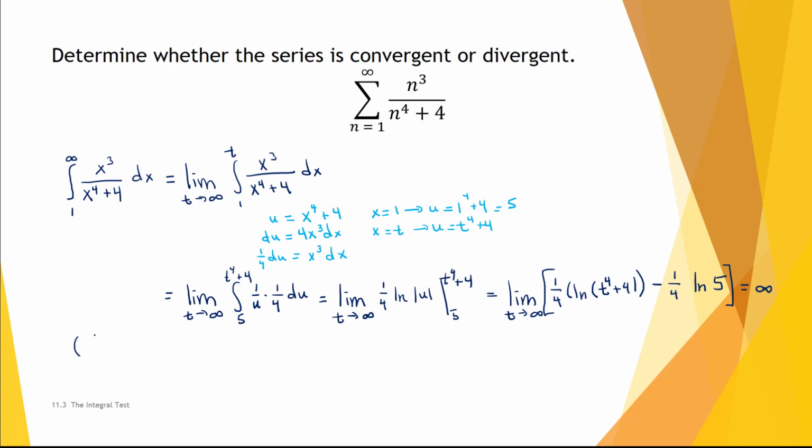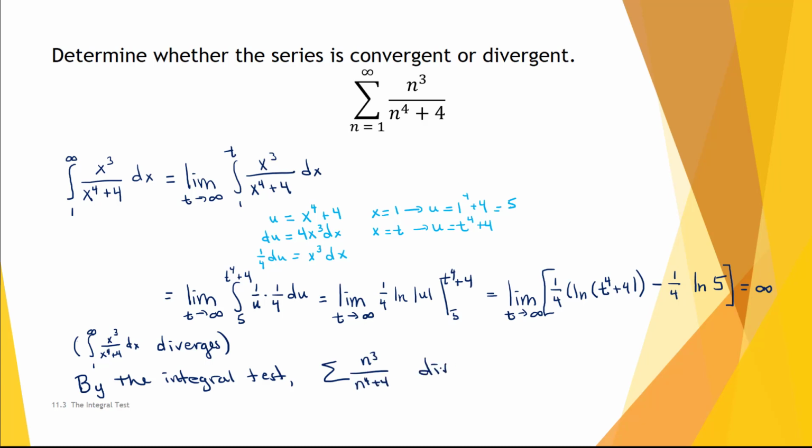Our conclusion for our improper integral is that this integral diverges. Our overall conclusion for the problem is that by the integral test, this series n to the third divided by n to the fourth plus 4 diverges.